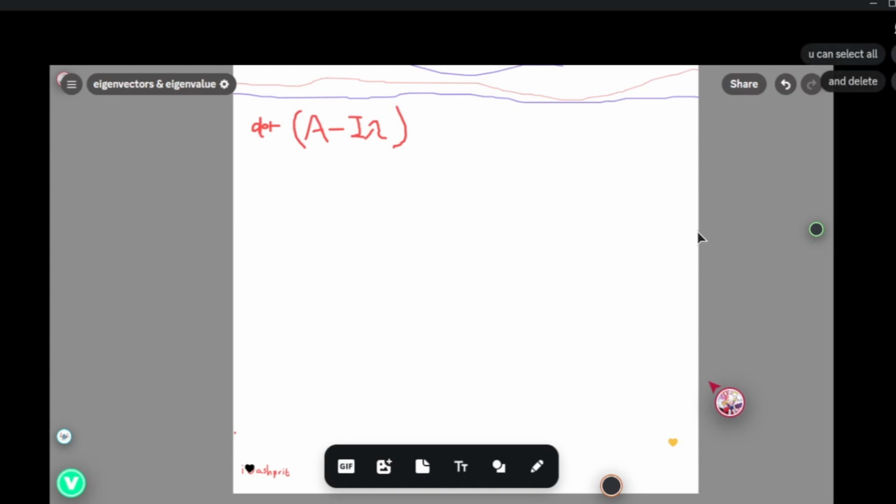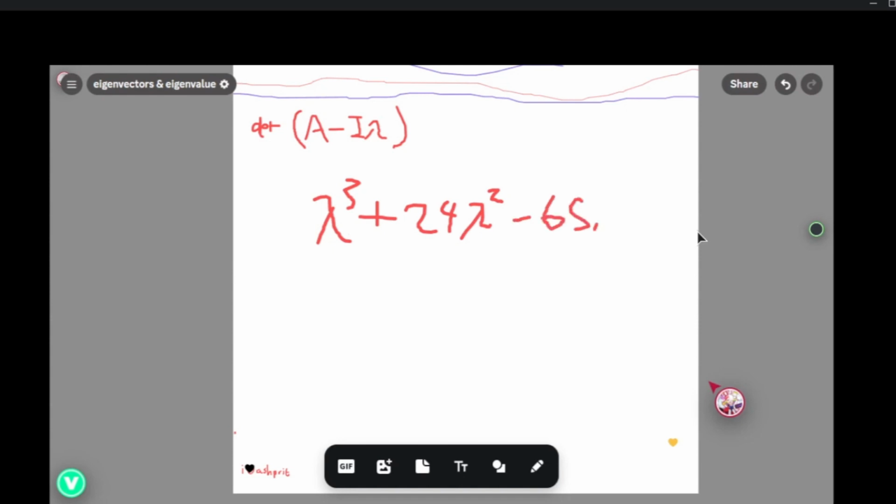Alright, so the entire thing, the determinant of that 3 by 3 matrix we worked out, works out to be lambda cubed plus 24 lambda squared minus 65 lambda plus 42. And don't forget that is equal to big fat 0.